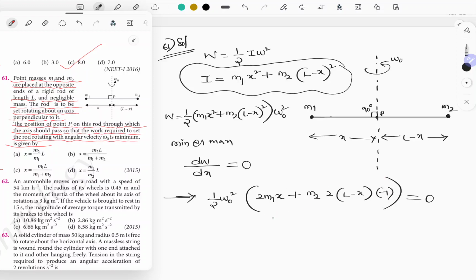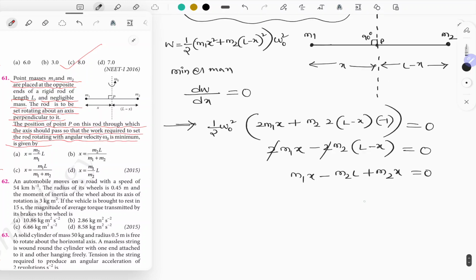So sending this term to the right, it is going to be equal to 0. 2 m1 x plus 2 m2 into L minus x. This plus will become a minus, 2 m2, which is equal to 0. This 2 will get cancelled out. Next, m1 x minus m2 L plus m2 x, which is equal to 0.